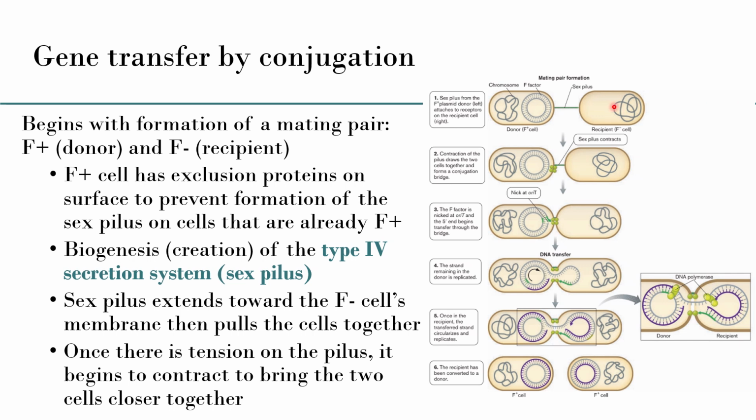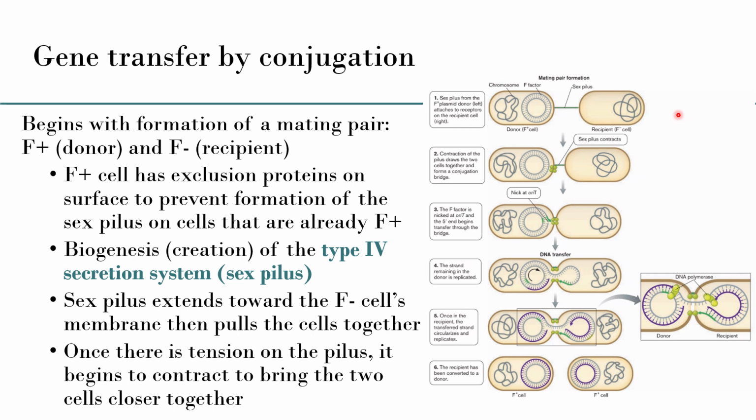Now, as I said, it begins with the forming of a mated pair between an F plus and an F minus cell. Part of the way the cell can tell if a cell is F plus or F minus to initiate conjugation is that on the chromosome are genes that create these fimbriae or these projections on the surface of the cell.